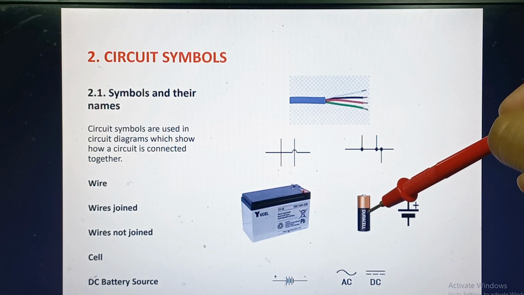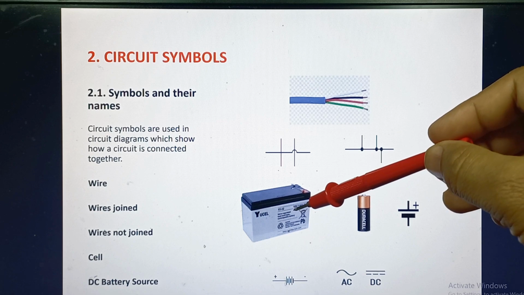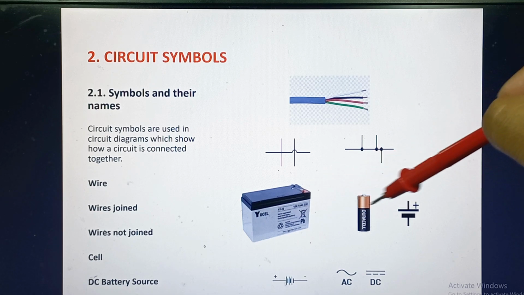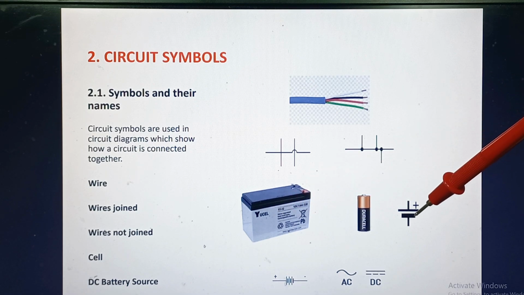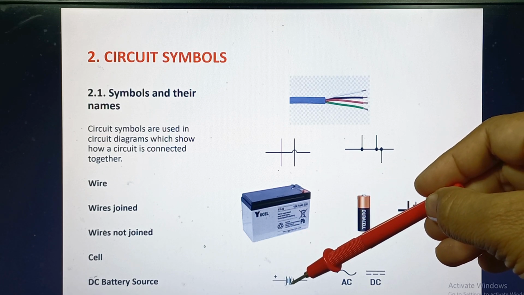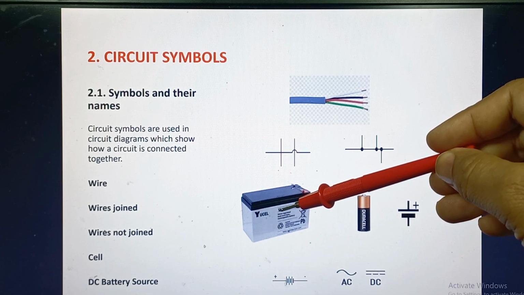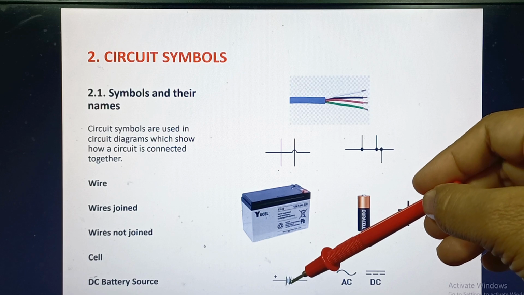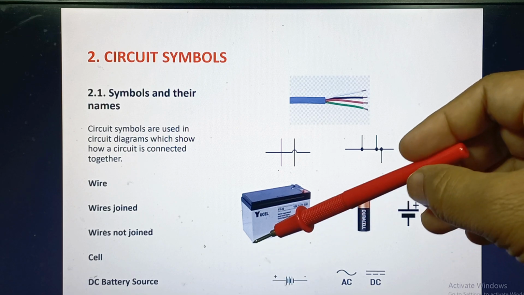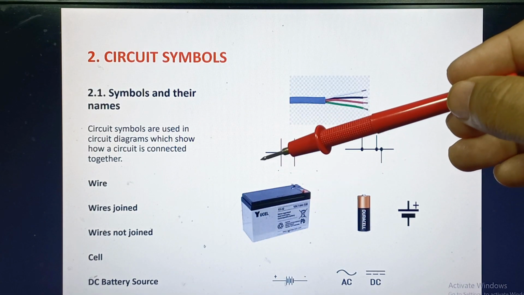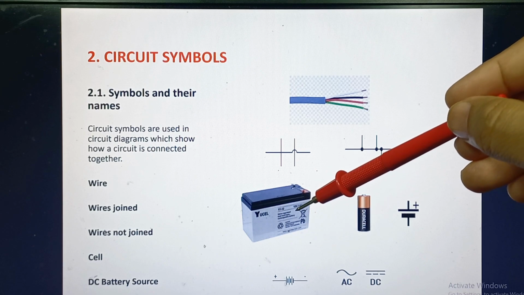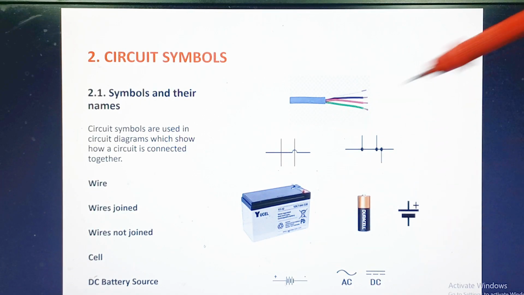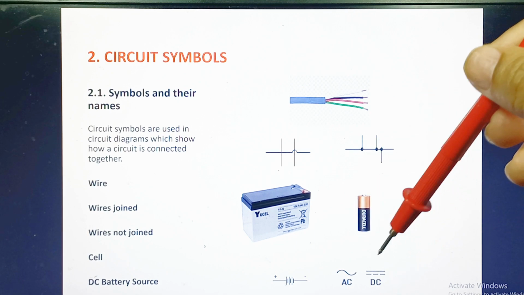These are the physical appearances of the components used for power applications or DC power sources, whereas this one is the symbolic representation of a single cell, and this represents the symbolic representation of a complete battery unit in which many cells are being connected in series to build up voltage level accordingly. Later on we will use DC power supplies and AC power supplies.